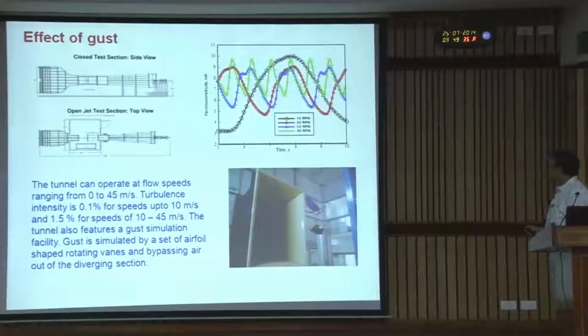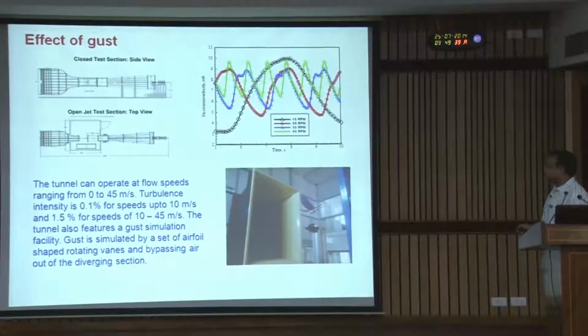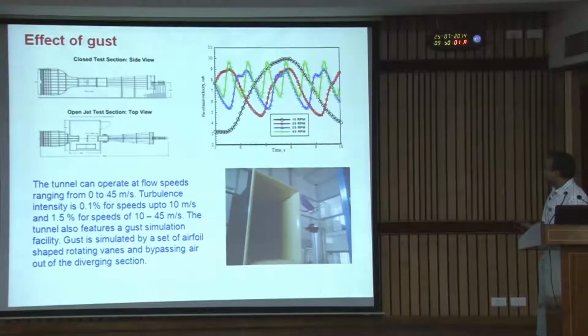There are some vanes which have rotating aerofoils, which can divert some part of the flow downstream and create unsteadiness in the free stream velocity here. Depending on the RPM of those vanes, you get different unsteadiness. This is 10 RPM and this is at the higher RPM, you get this kind of free stream unsteadiness.